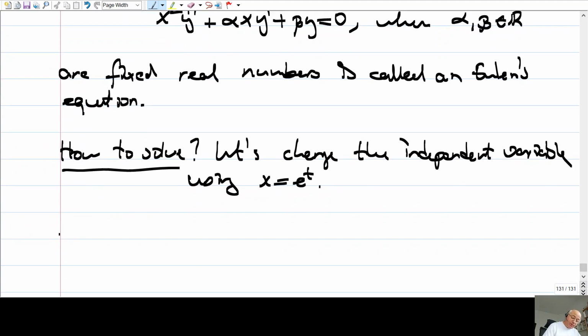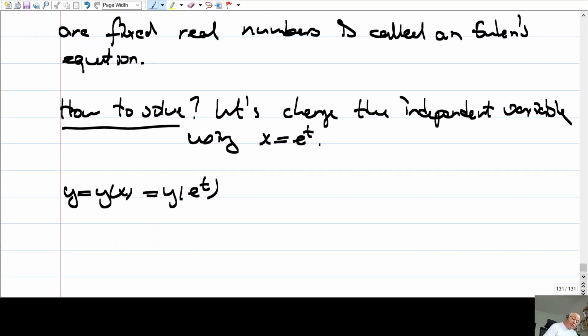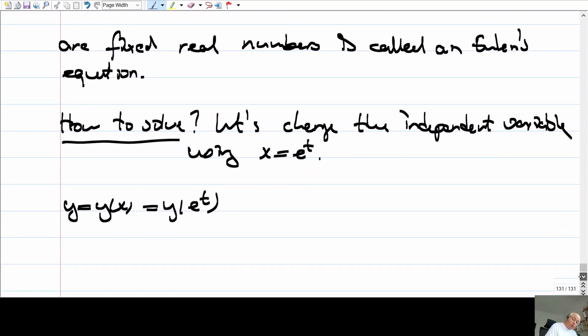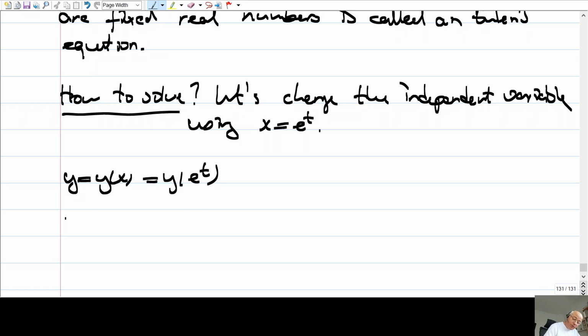Okay, so I will replace the independent variable x with the independent variable t using this formula that x equals e to the power t. Let's see what happens. So my solution y is a function of x. Of course, I will write e to the power t inside, so now it will become a function of t. Now let's write the derivatives here. Here derivatives are with respect to x, of course. Let's write down those derivatives in terms of t. How can we do this?